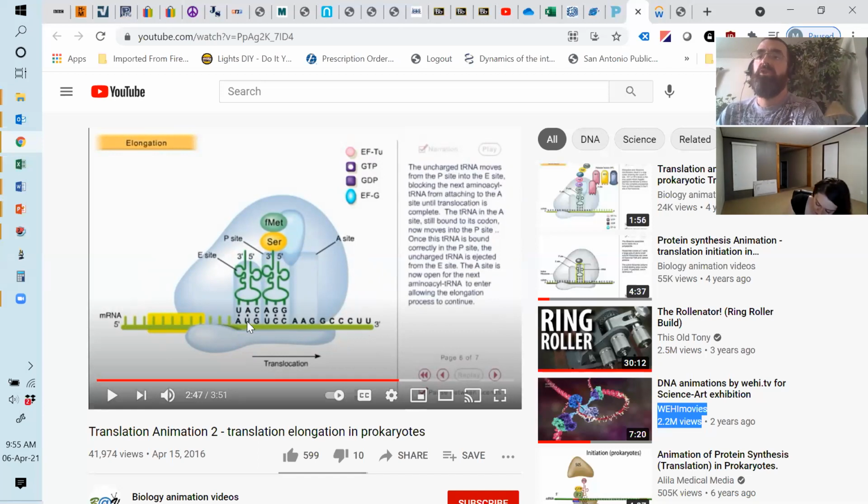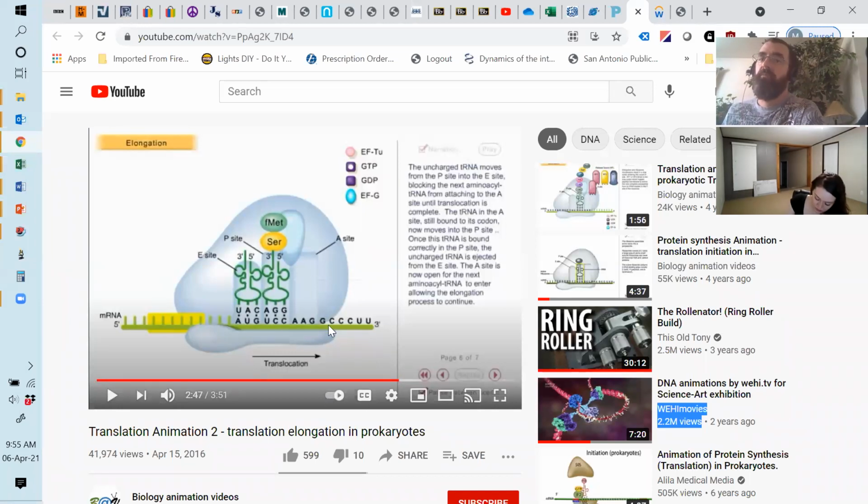That's why the AUG is so important. It's also why the yellow mutation that we're studying in lab results in no yellow protein being formed, because that G is changed to a C. It's a point mutation. So no start codon, no protein, right?